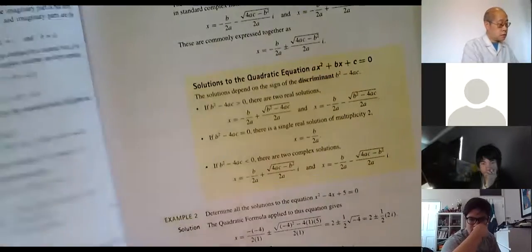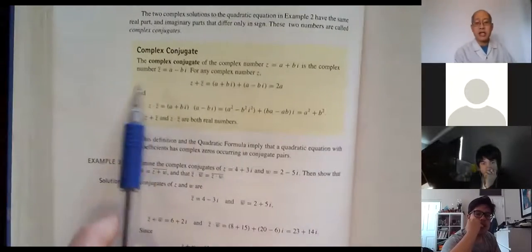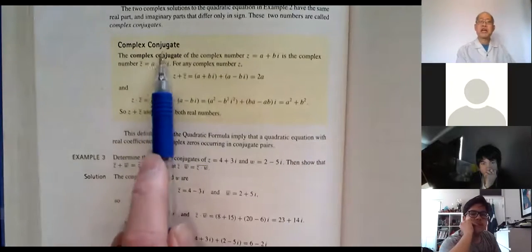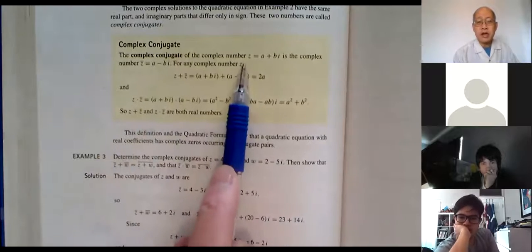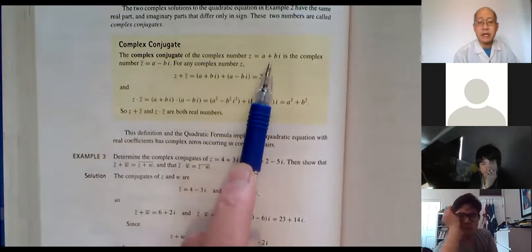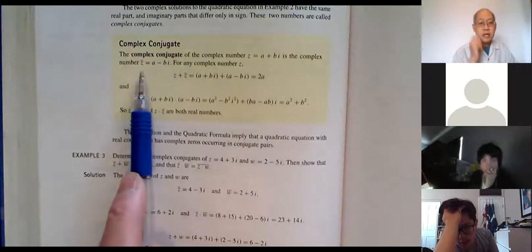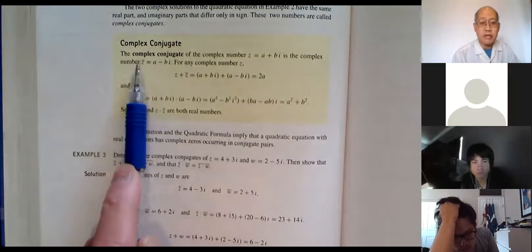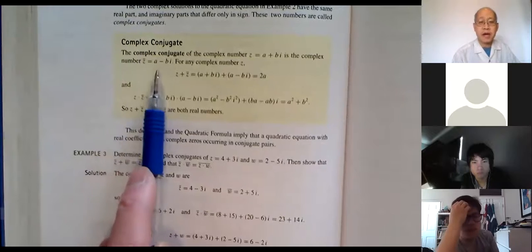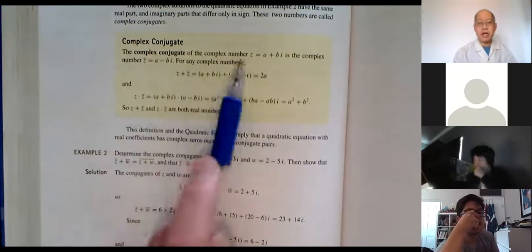All right. So let's see, what else do we need by way of introduction? Okay, some terminology. Complex conjugate. Fancy word. All right, so if you have a complex number a plus bi, the complex conjugate is a minus bi. Okay, they put a little bar on top, z bar, a minus bi. You don't have to worry too much about that bar, but we'll use this concept of a conjugate.